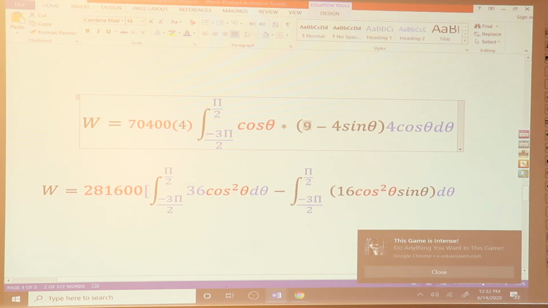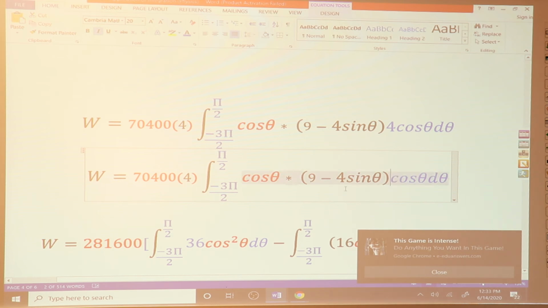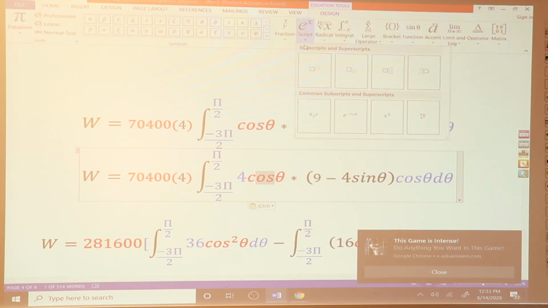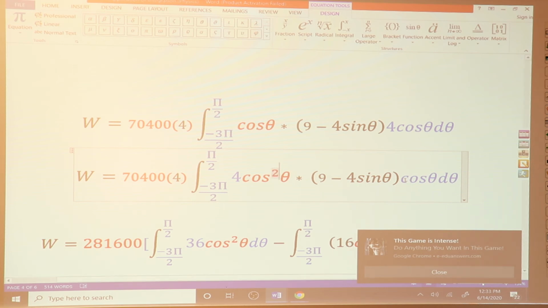Okay, I'm going to do this another step to show you what I did. If you multiply, this is going to be 4, and this becomes cosine square theta, because you multiply cosine square theta, and this no more, only d theta.